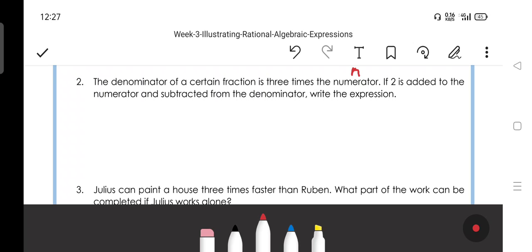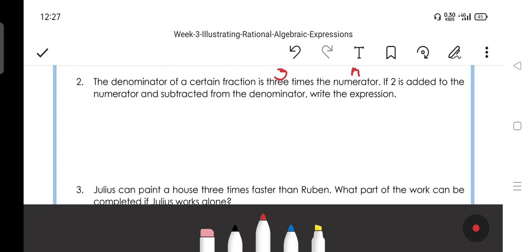So it is described that the denominator is 3 times the numerator. So we have 3 here. So that means 3n. And the denominator was described in terms of the numerator.